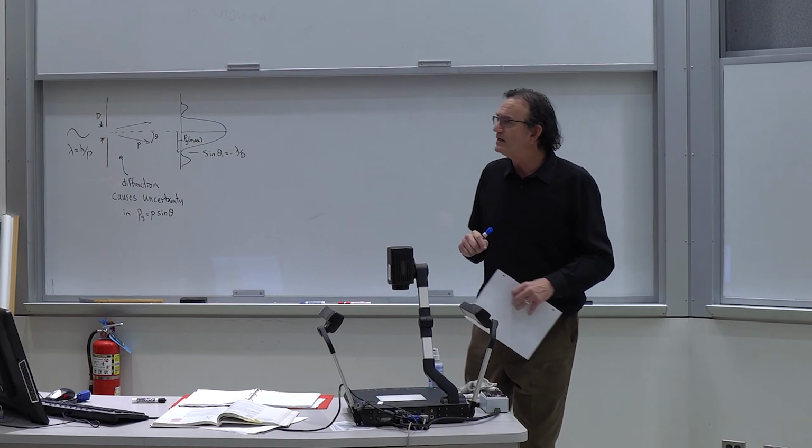This is the second version of the uncertainty principle that complements this version, which is delta y times delta p sub y is greater than or equal to h bar. They're kind of symmetrical. And we'll talk more about that one in the next problem.